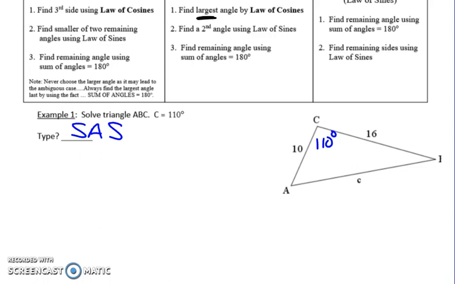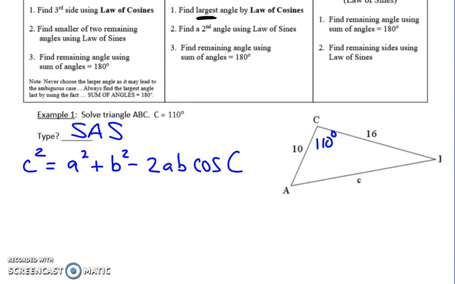Given that we know angle C, we're going to first find the side c. So we're going to use c squared is equal to a squared plus b squared minus 2ab times the cosine of angle C.